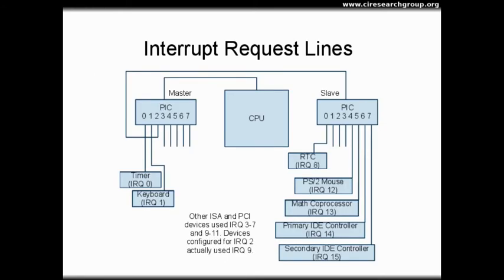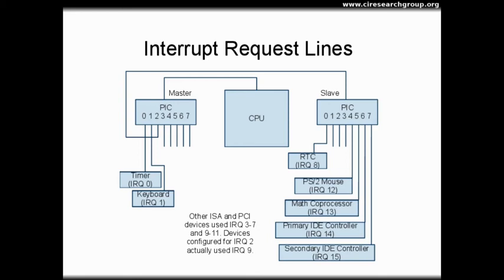Now, the old controller, or the Programmable Interrupt Controller, actually consisted of two Programmable Interrupt Controller chips that were attached to each other, with one of the chips being attached to the CPU. The so-called master chip was the one attached to the CPU, and pin 2 of that master chip was attached to a slave chip.